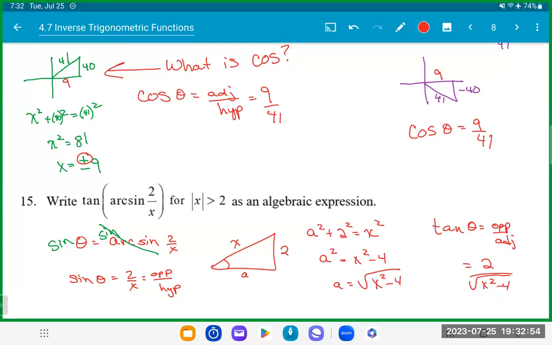So if you had to solve one of these algebraically, because we have a variable in it, we could do that as well. Just think of it in terms of a right triangle. Or you could put it in the first quadrant if it's positive, fourth quadrant if the sign is negative. Okay, questions?